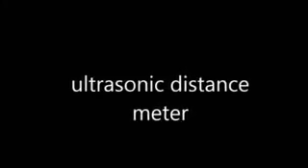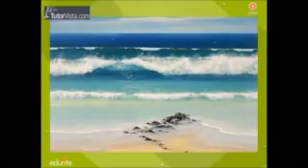Ultrasonic distance meter. Determination of the depth of an ocean by echo sounding.